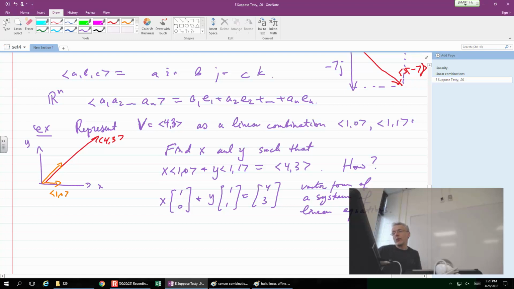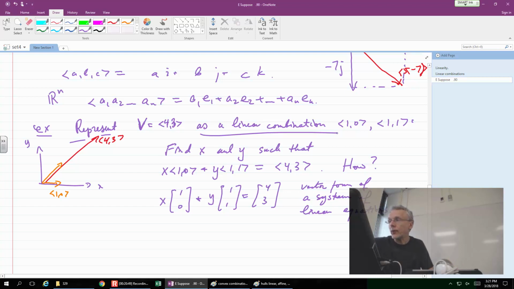Okay, so in other words, to solve this problem of representing a vector as a linear combination of other vectors, no matter what those vectors are, the problem is solved by means of solving a system of linear equations. Okay, so well, imagine that we have the vectors now three-dimensional.